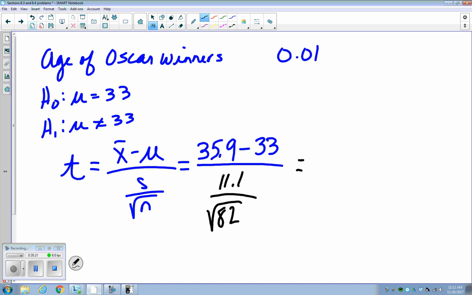Somebody run that through and tell me what my t comes out to be. 2.37? 2.39. 2.37.